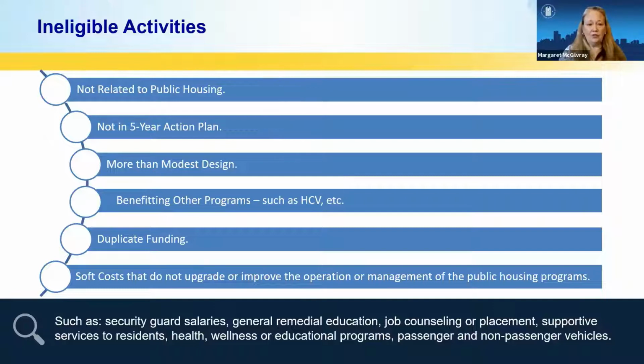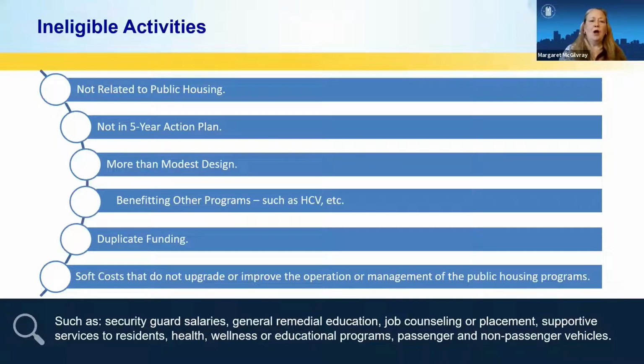Many non-passenger vehicles are also not eligible, such as maintenance equipment, mowers, trucks, cars, and snow removal equipment, because it is an eligible cost under the operating fund. However, it is possible that certain equipment may be needed in the administration of your capital fund, and so you have to look at that carefully.